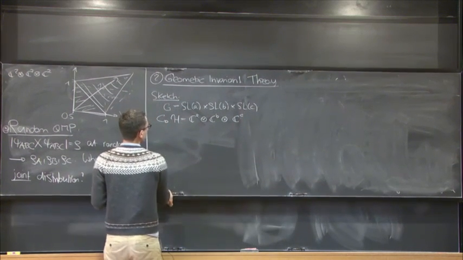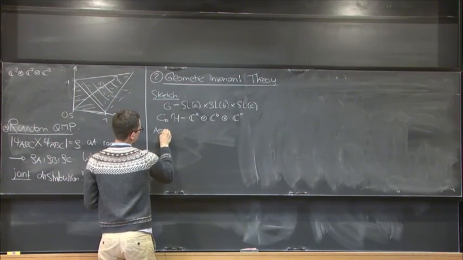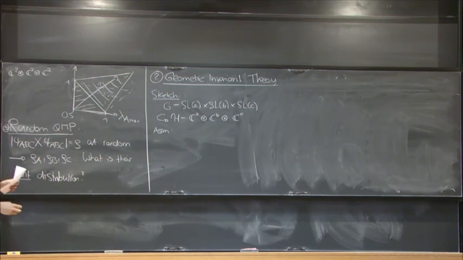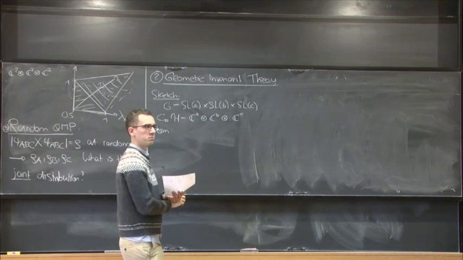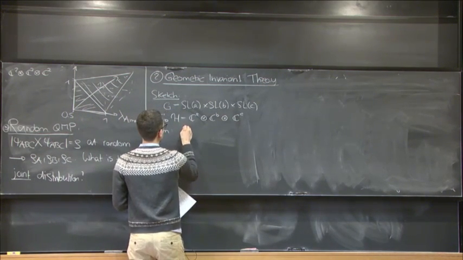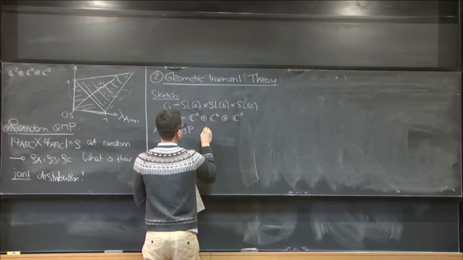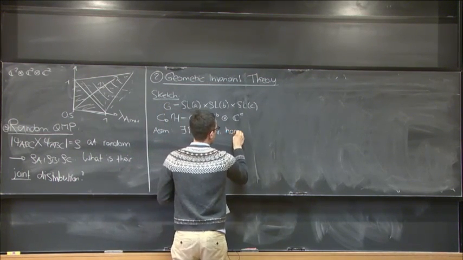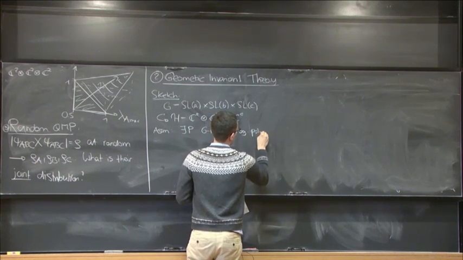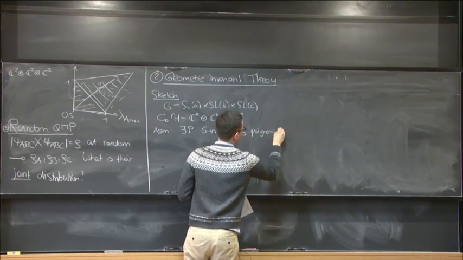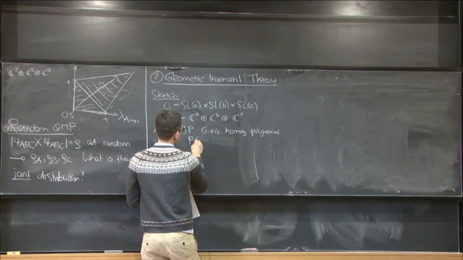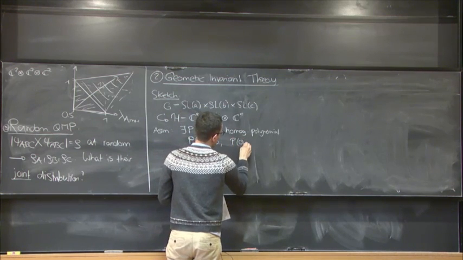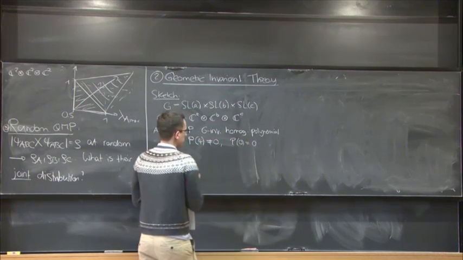And let's start with the following assumption: let's suppose that there exists a non-trivial G-invariant homogeneous polynomial P, which on some quantum state psi is non-zero, and just for simplicity, let's ask that it's 0 on 0.